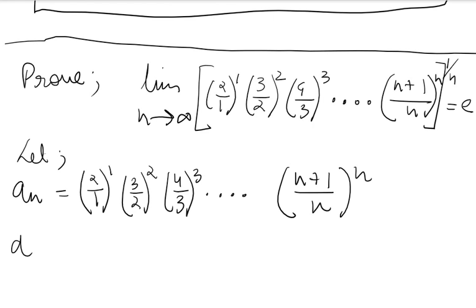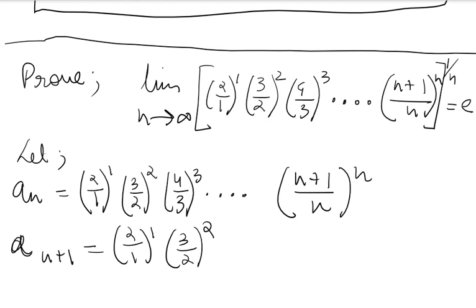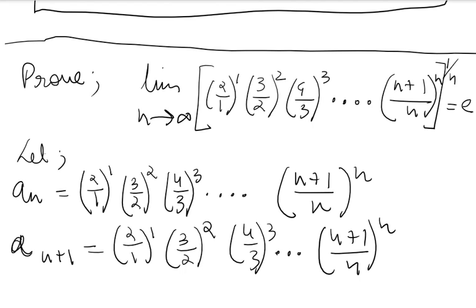Next, a n plus 1. From here we have to continue like you have done in mathematical induction: 4 by 3 to the power 3, continue, n plus 1 divided by n whole to the power n, and then n plus 2 divided by n plus 1 whole to the power n plus 1, right?